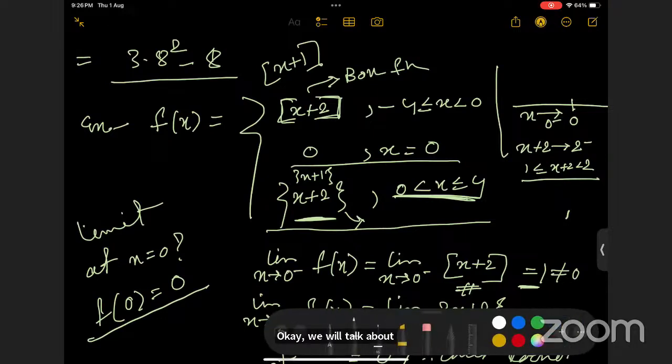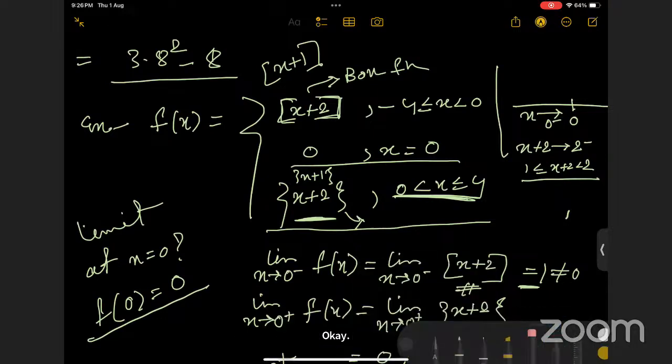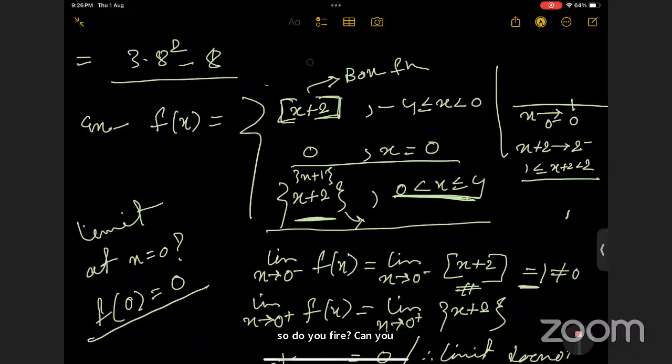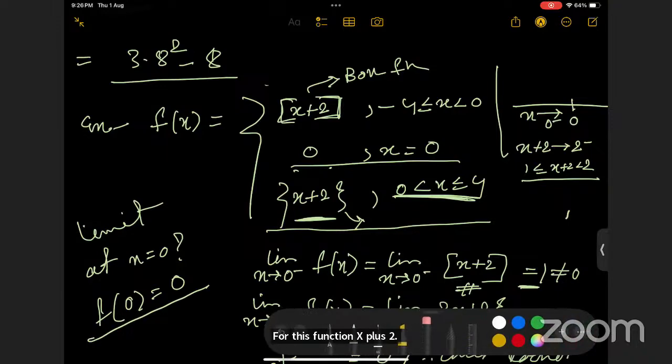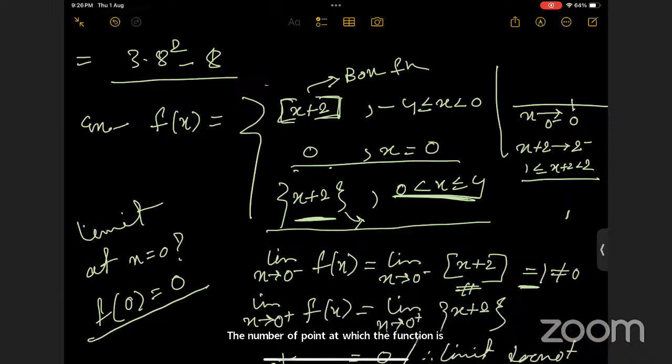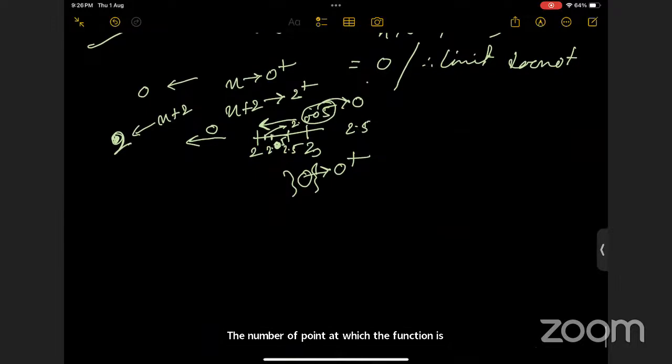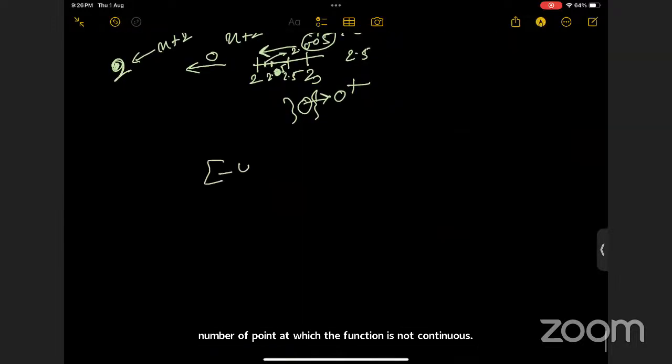Okay. Can you find the number of points for this function x plus 2 at which the function is not continuous in this interval, -4 to 4?